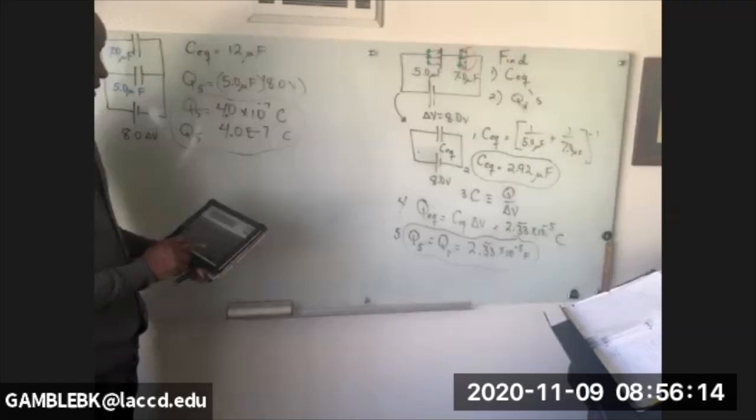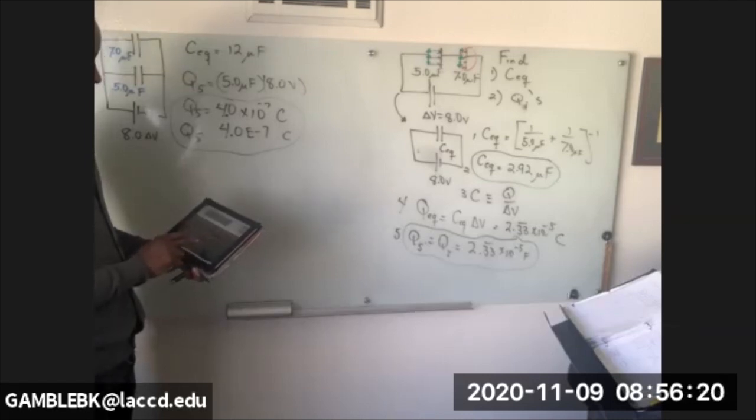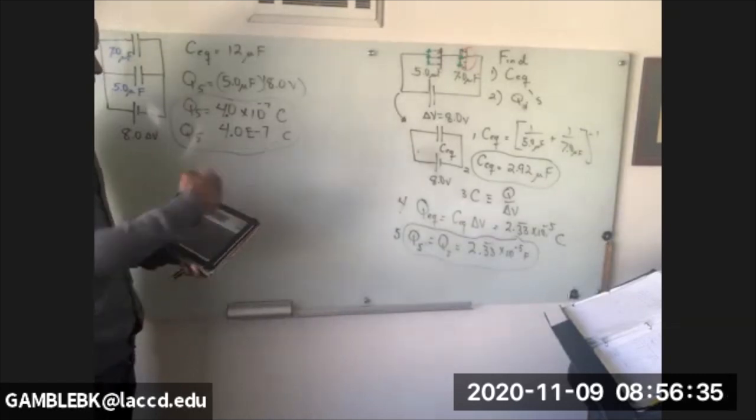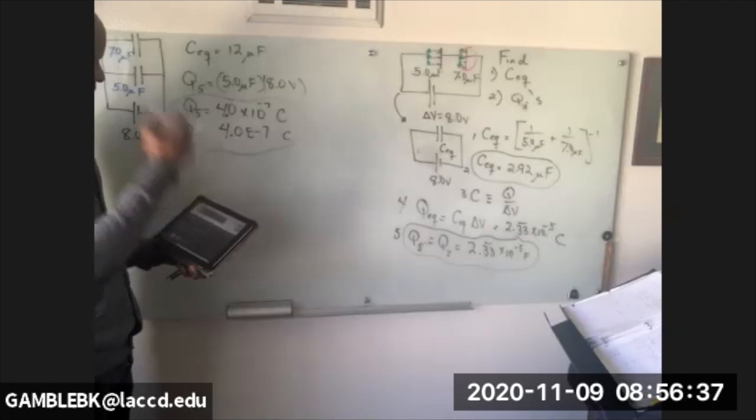Wait, is that supposed to be the equivalent of 40 times 10 to the negative 6? No, I just addressed that issue. Wait a minute. Am I wrong? 4 times... Oh, so it is. It goes back, so it's 5, right?